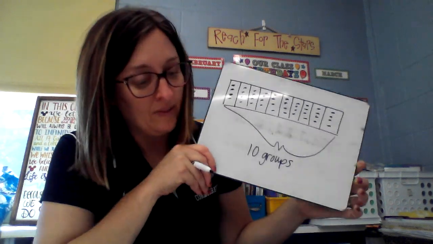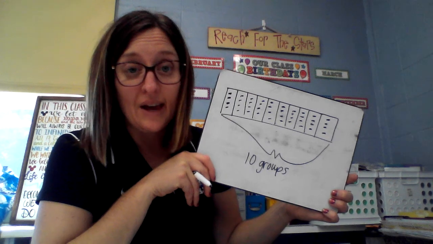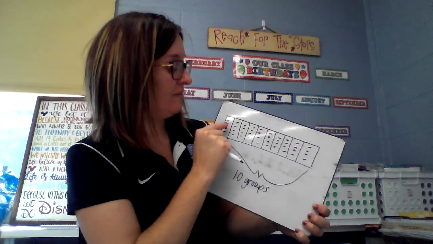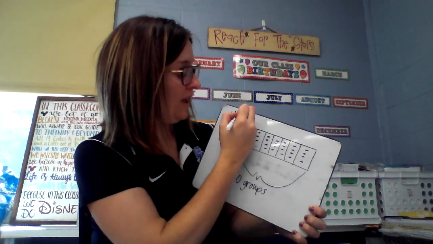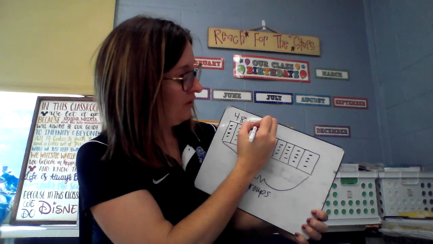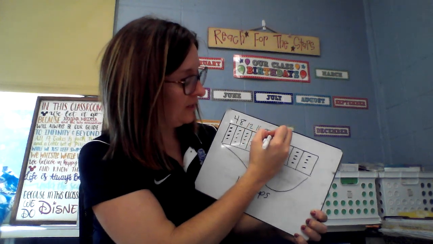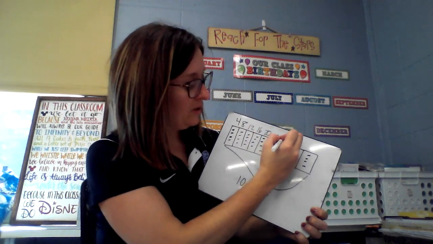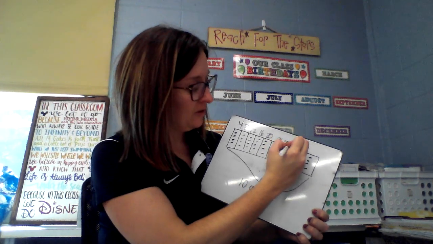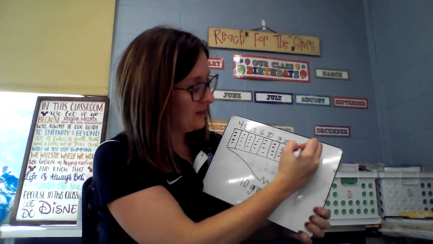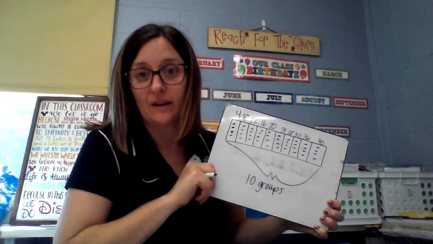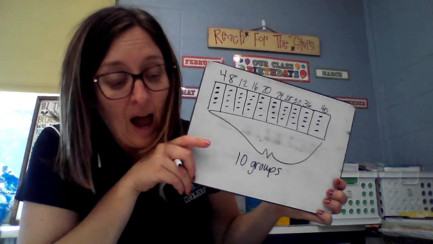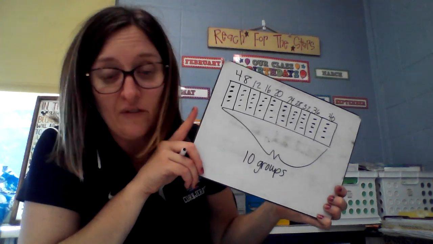So now if I look at this, I could use this to help me skip count. I could say 4, 8, 12, 16, 20, 24, 28, 32, 36, and 40. And then once I have this done, I could use this to help me solve some problems.